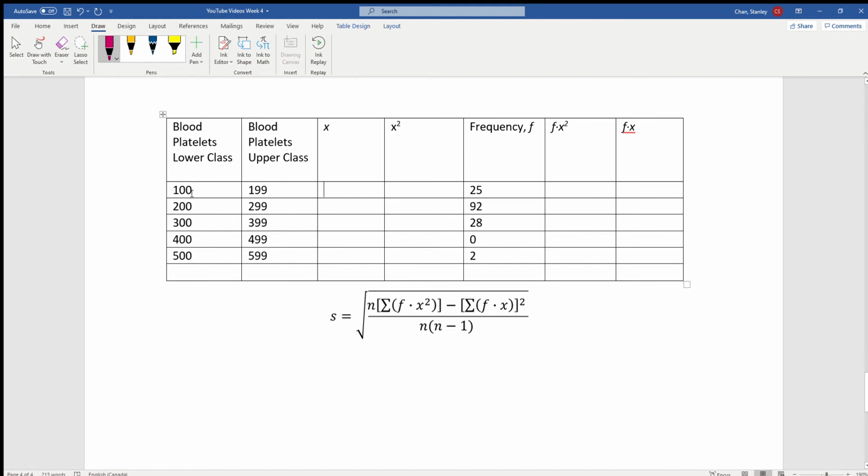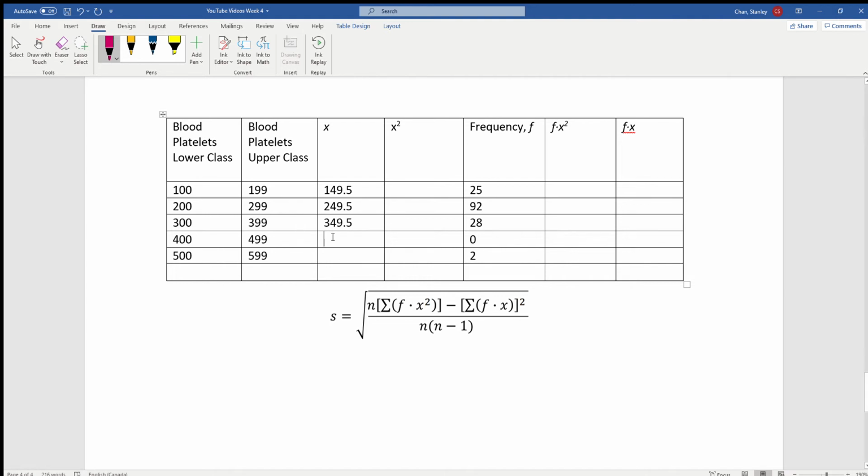So the lower class value is 100, so we'll add 100 to 199. We get 299 and we divide that value by 2 to get 149.5. The next one, we have 200 plus 299 is 499, divided by 2 is 249.5. The next one is 300 plus 399 divided by 2 equals 349.5.